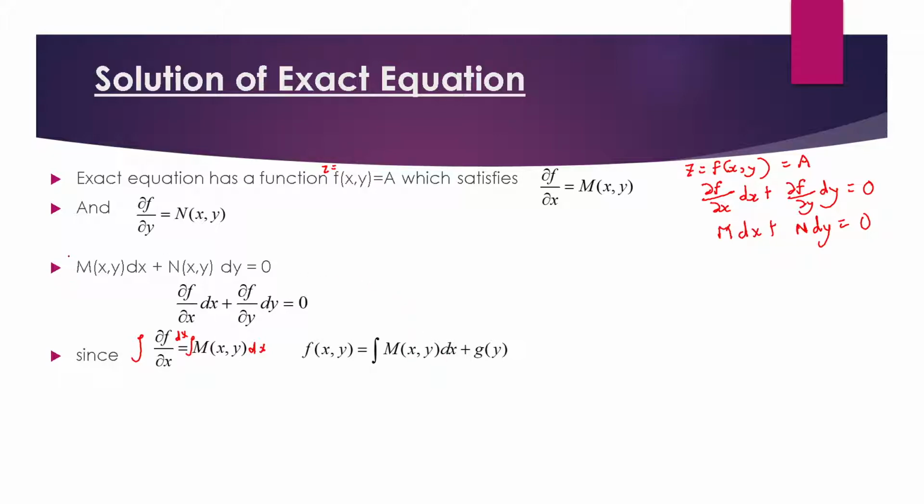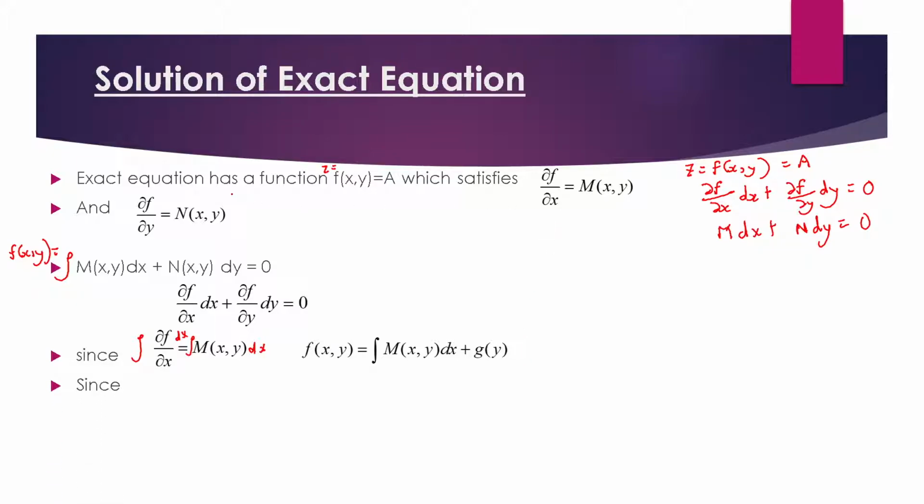So for an exact differential equation, the shortcut is to put the integral symbol on the first term: f(x,y) equals the integral of M dx. This is partial integration. When you integrate with respect to x, the constant can be a function of y or just a normal constant.